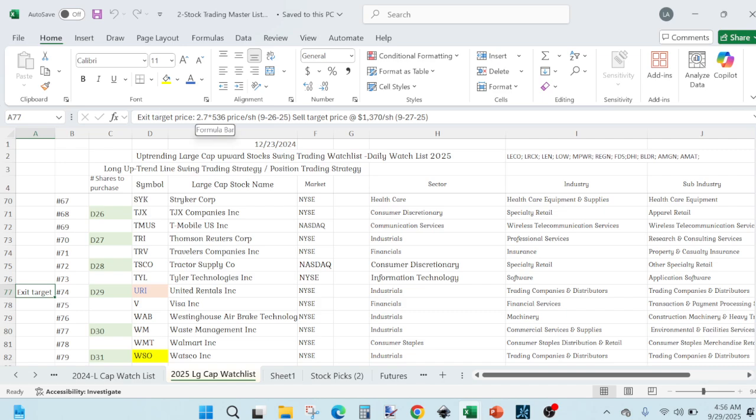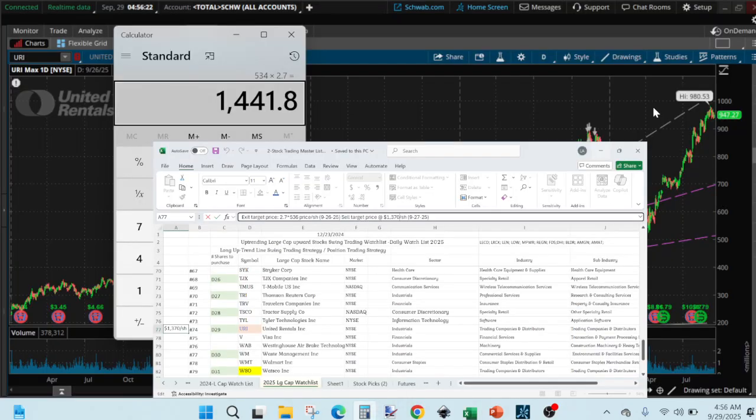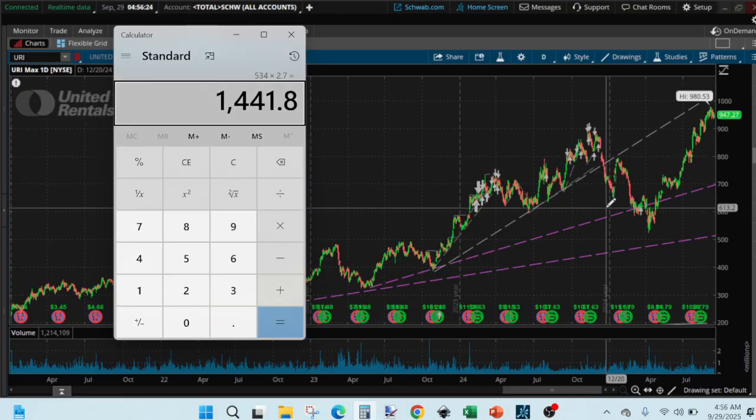I put here target price 1,441. Okay. And yeah, so we leave it like that. So you get the point. So that is the second strategy if we want to quantify our exit.